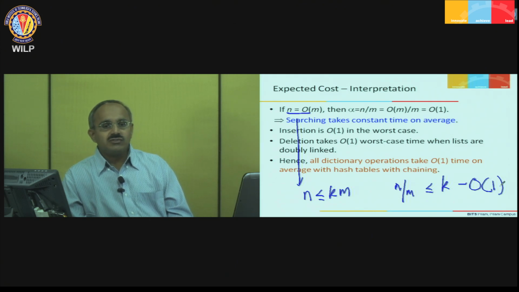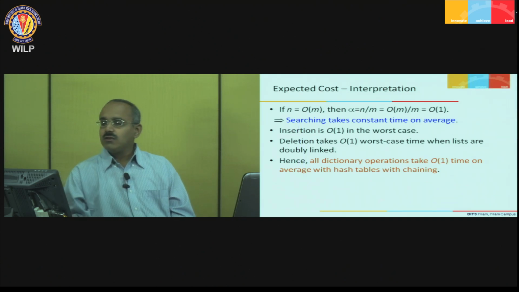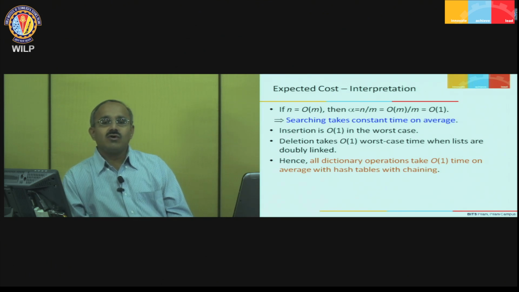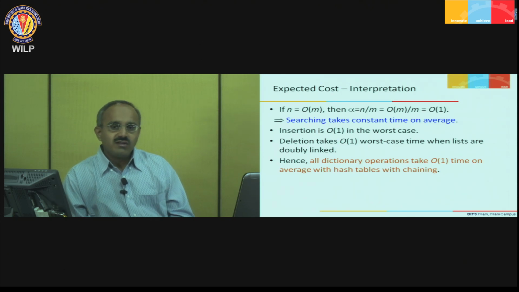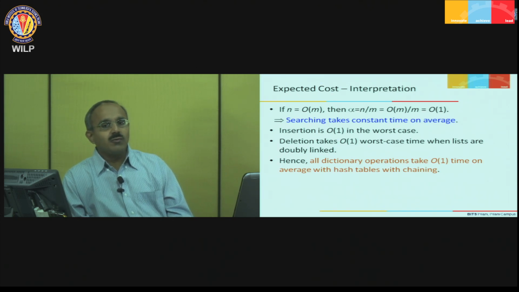Therefore, on average, either a successful search or an unsuccessful search will take constant time. Even insertions and deletions on average will take constant time. Hence, all your dictionary operations, namely search, and the edit operations, insert and delete, take constant time.